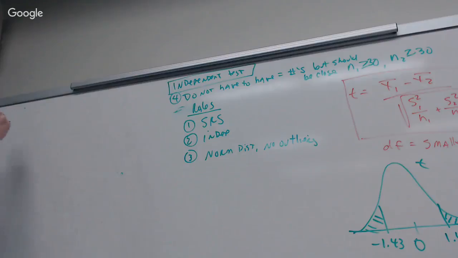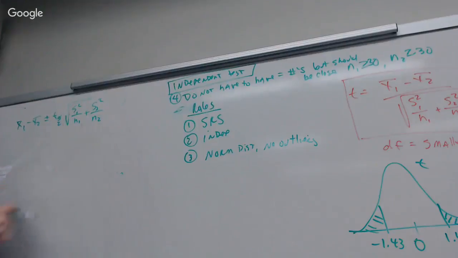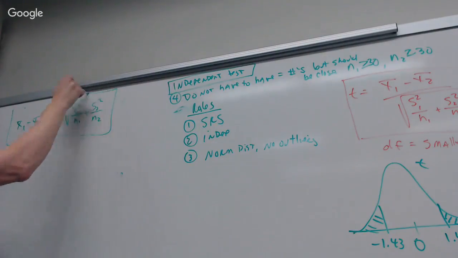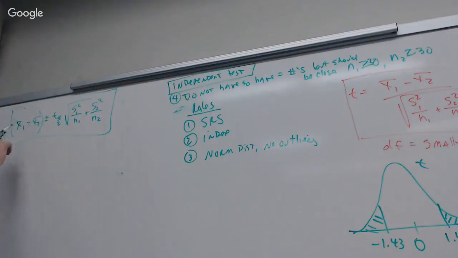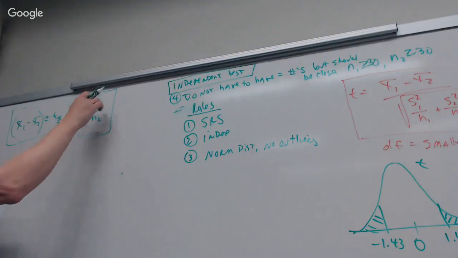It's going to be x1 bar minus x2 bar plus or minus t sub alpha over 2 times the square root of s1 squared divided by n1 plus s2 squared divided by n2. Can you repeat that? It's x1 bar minus x2 bar plus or minus t sub alpha over 2 times the square root of s1 squared divided by n1 plus s2 squared divided by n2.